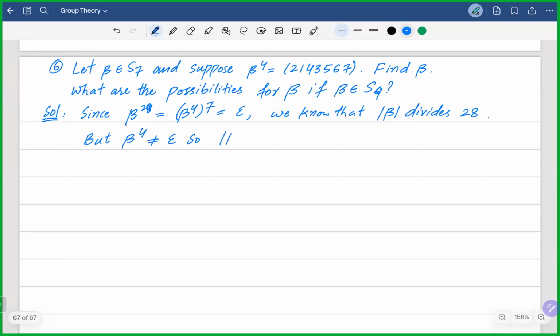So the order of beta cannot be 1, 2, or 4. That's true.